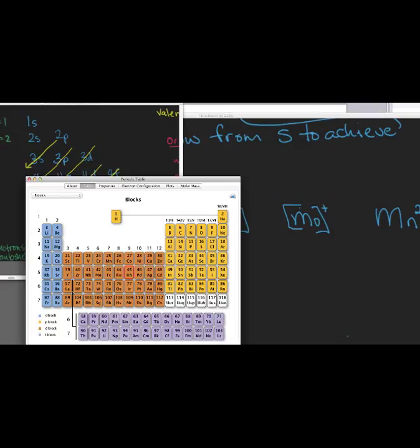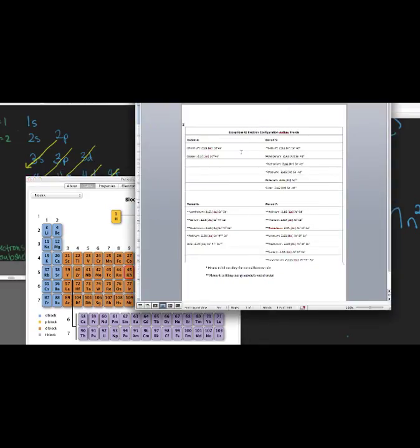We go to 4f first, and then 5d. And you'll see some situations on that table in which instead of going to 4f, they'll just fill the lower energy d orbital up a little bit and ignore the f. So there are some exceptions. I don't think they'd give you too many of them. As long as you know the main ones, you should be okay.